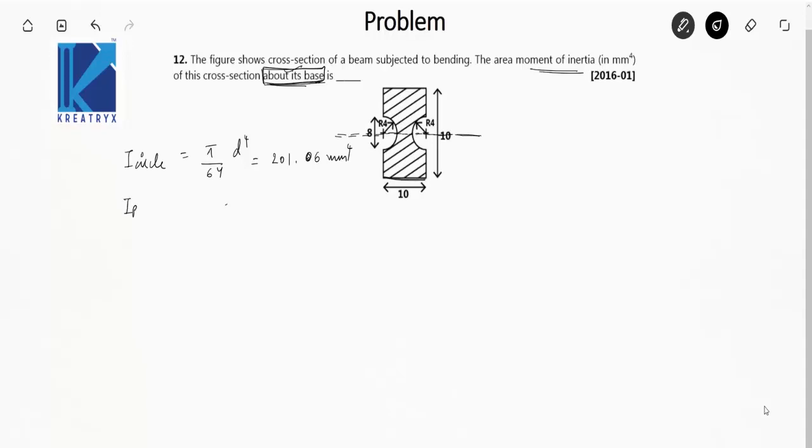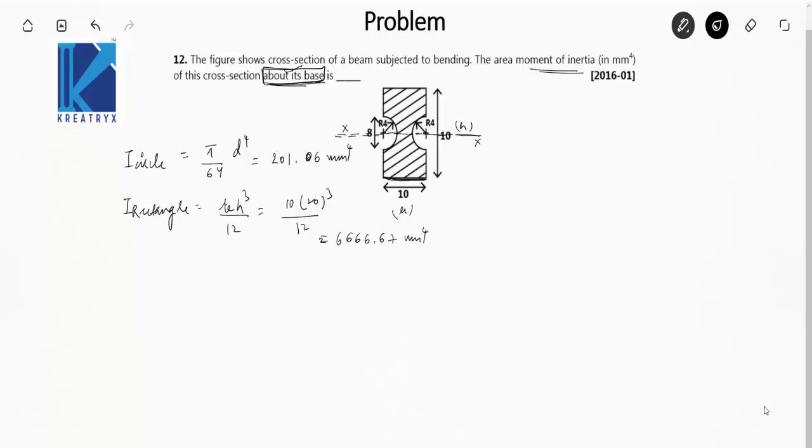The moment of inertia of the rectangle is given by bh cube by 12. This centroidal axis xx is parallel to b, so the other side will be h. This is 10 into 20 cube by 12, which is 6.67 mm raised to the power 4.